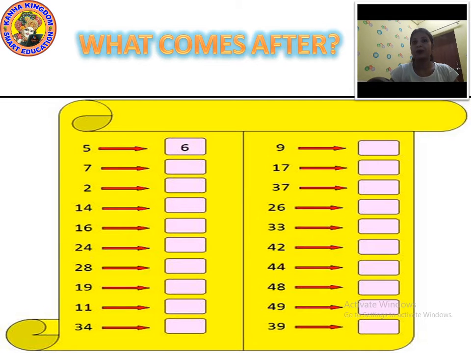The number that comes after you can find out by counting. So the remaining numbers you all find out by your own.